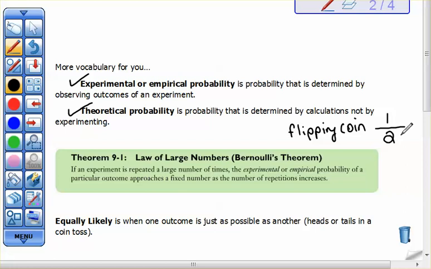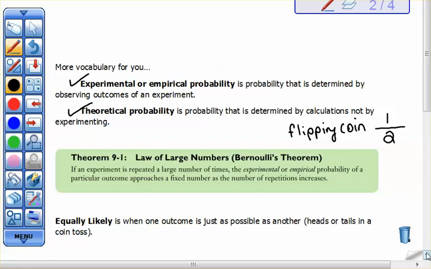Let's say we were to flip the coin 50 times. Well, hopefully we'd be approaching 25 heads out of those 50 flips. If we were to do it 100 times, we would get even closer to 1/2. If we were to do it 1,000 times, we'd get much closer to 1/2. That's the law of large numbers.